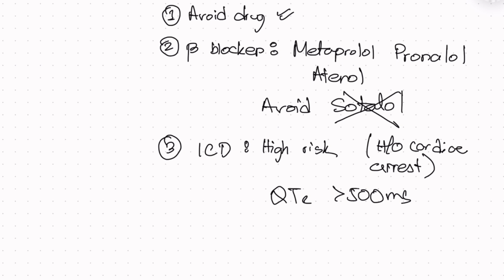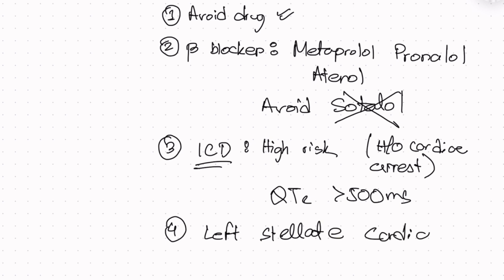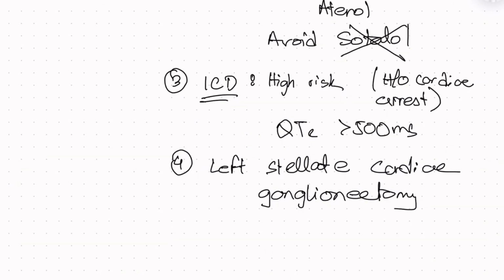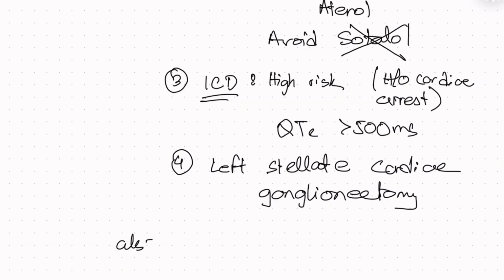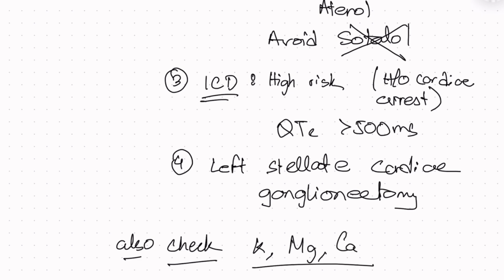In that case, ICD is the way to go. And if everything fails, the proper treatment is left stellate cardiac ganglionectomy. And we should also check the electrolytes, because as we have known, hypomagnesemia and hypocalcemia can also cause QT prolongation.